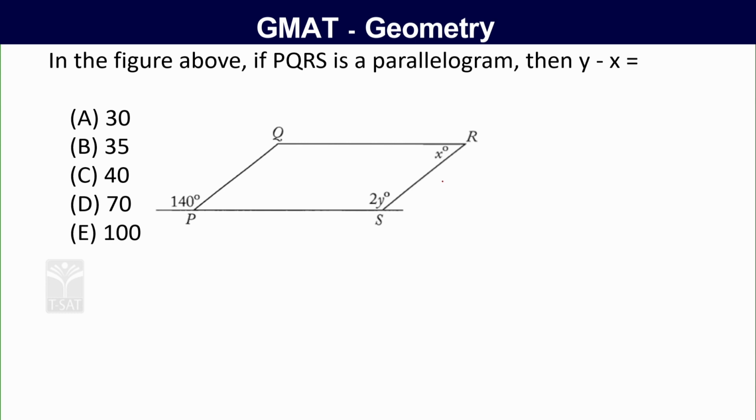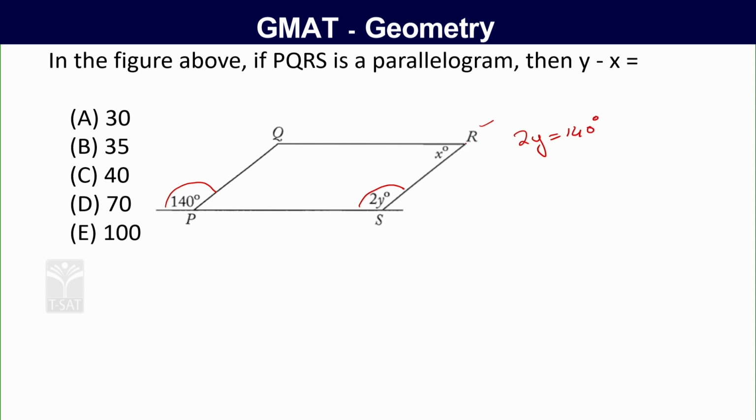In the figure above, if PQRS is a parallelogram, then y minus x is equal to what? Okay, PQRS is a parallelogram. So, what can we say about this angle and this angle? They will be equal because corresponding angles are equal when lines are parallel. So 2y is equal to 140 degrees.